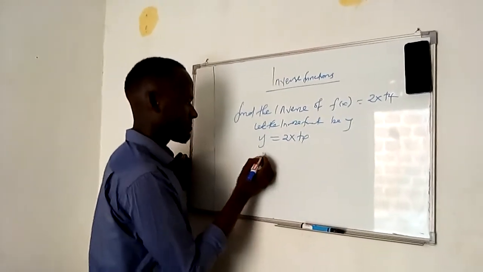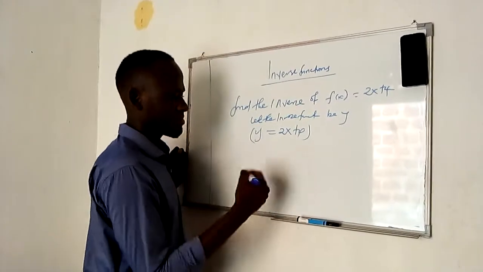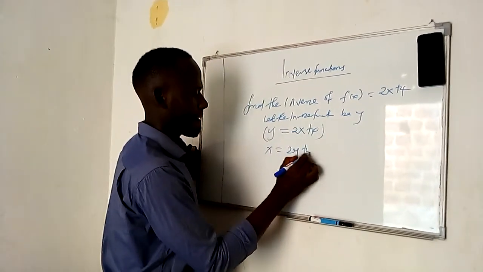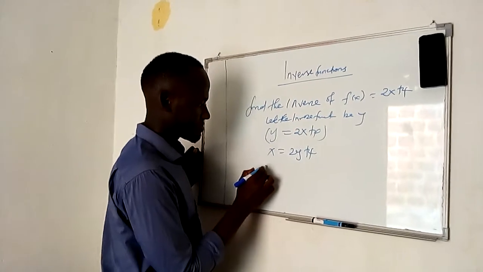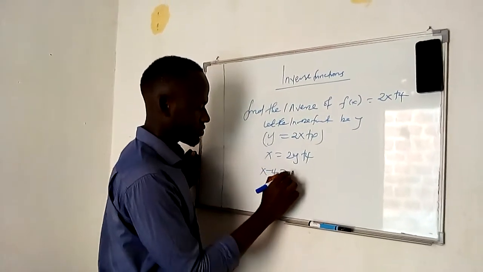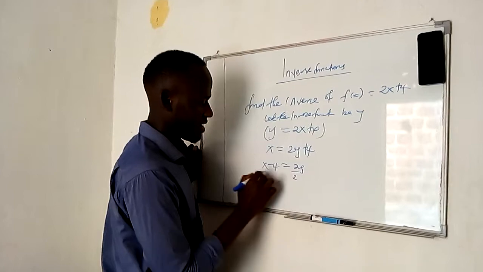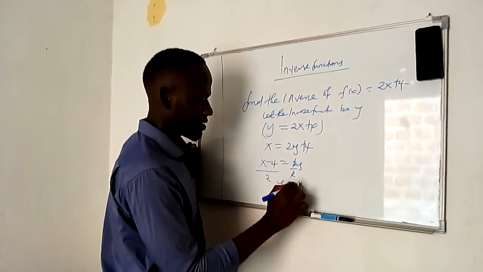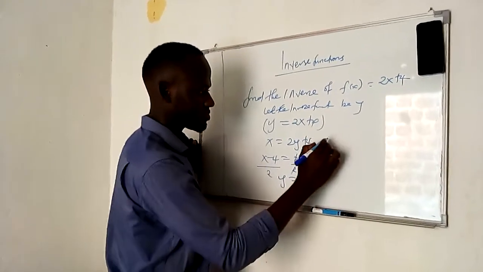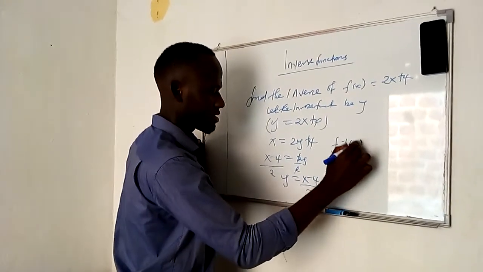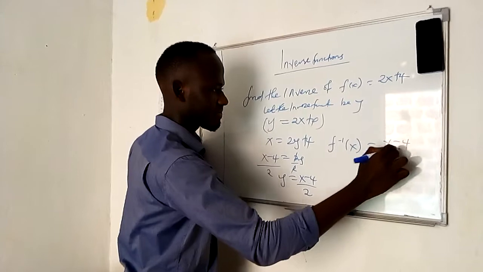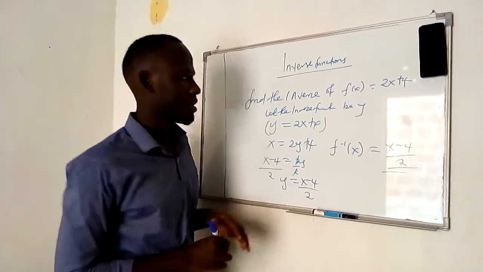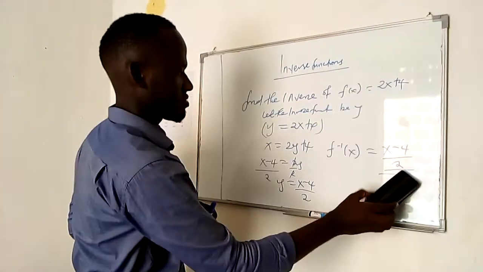You interchange roles as fast as possible. You know me, I like my method too. So this is x is equal to 2y plus 4. So this becomes x minus 4 is equal to 2y. You want y as the subject. This crosses, you get y is equal to x minus 4 over 2, so our f inverse of x is equal to x minus 4 over 2. Yeah, that is our inverse function.